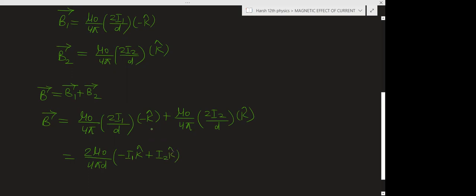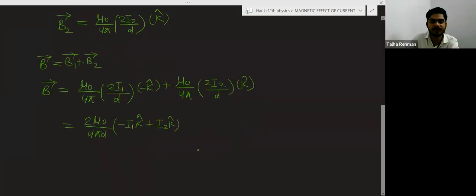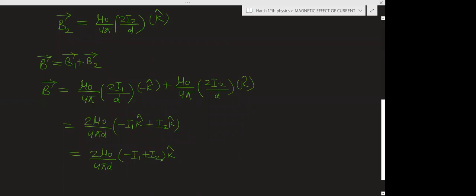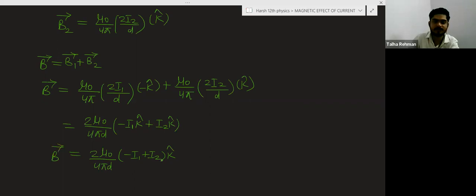Now automatically there is the minus sign, so you write 2 mu naught divided by 4 pi d, into minus I1 plus I2, and k cap you take common. So now you can see that the minus sign is included now. So the net magnetic field will be like this.